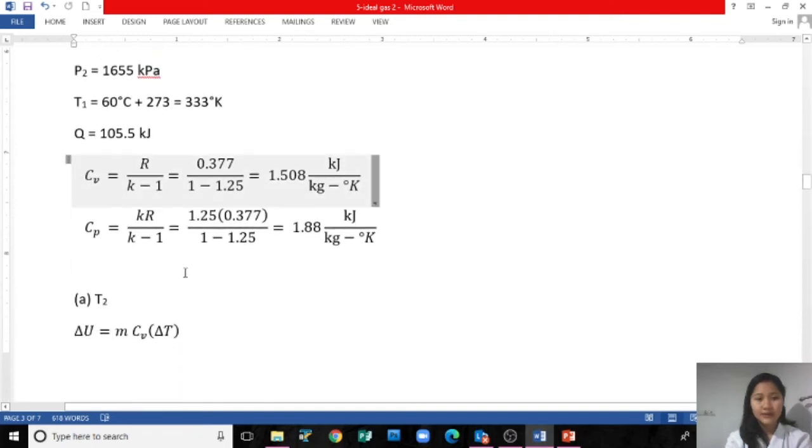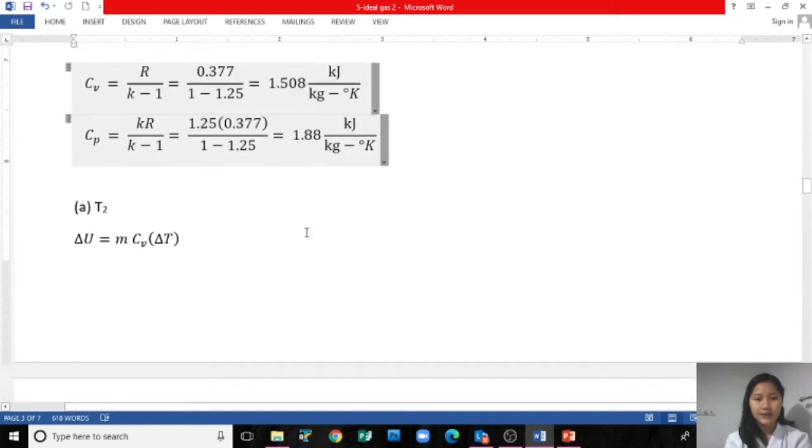For the CP, the formula is K times the specific gas constant over K minus 1. Substituting all the given to the formula, we now have the value of CP equal to 1.88 kilojoules per kilogram degree Kelvin.